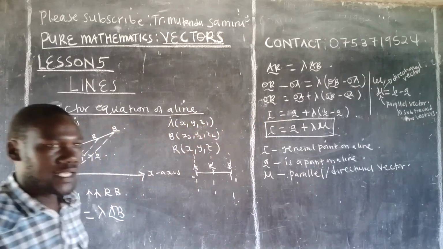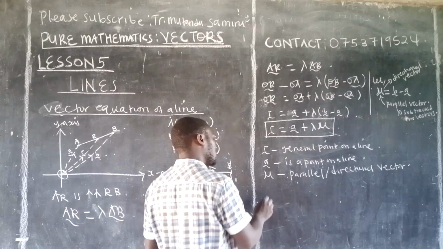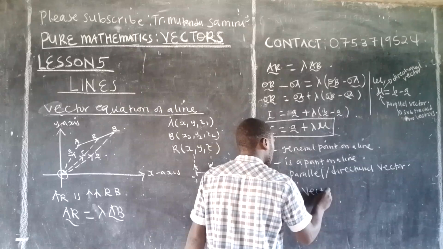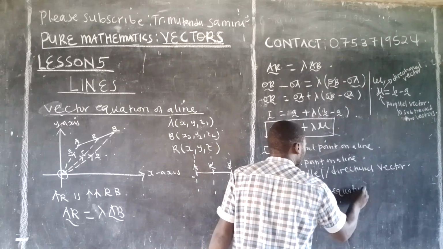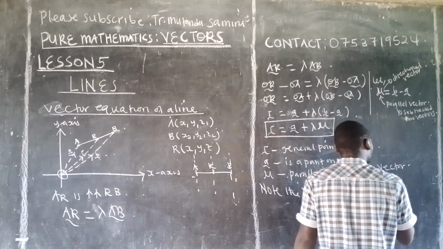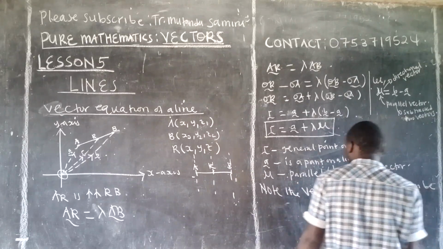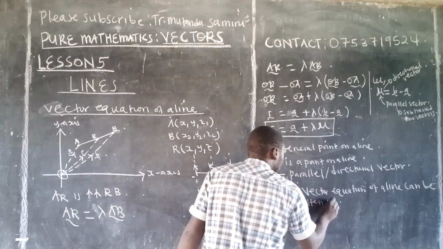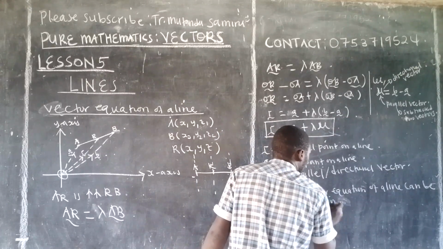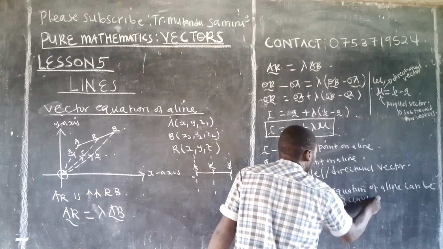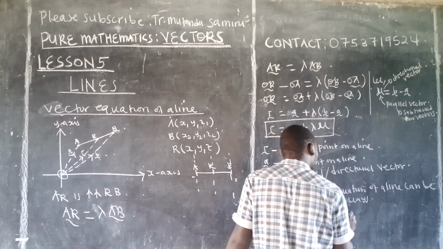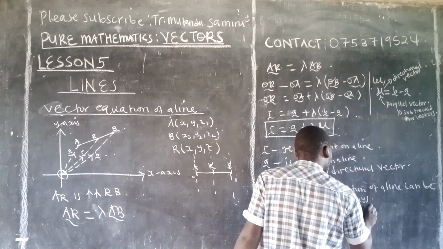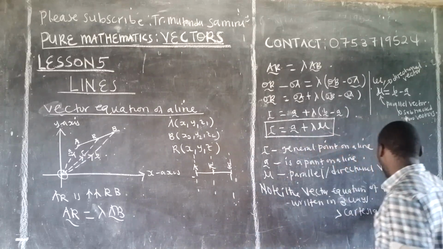Another thing which you must know is that the vector equation of a line can be written in three ways. The first one is that it can be a Cartesian equation.